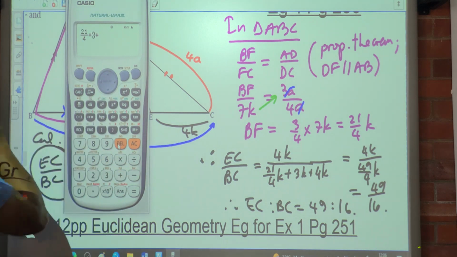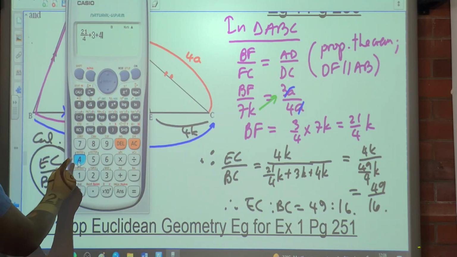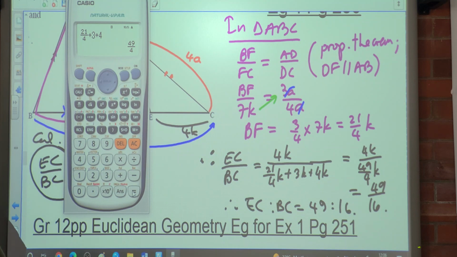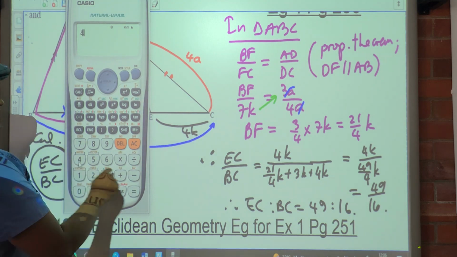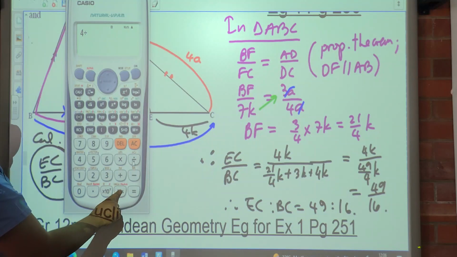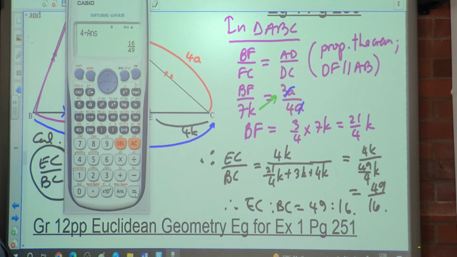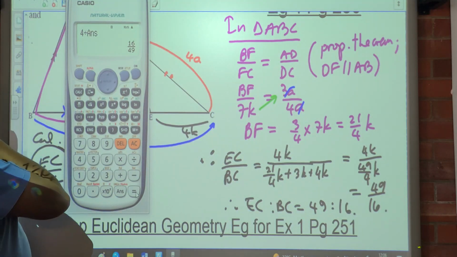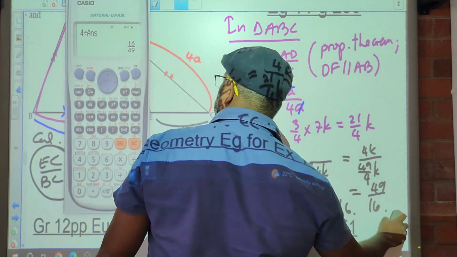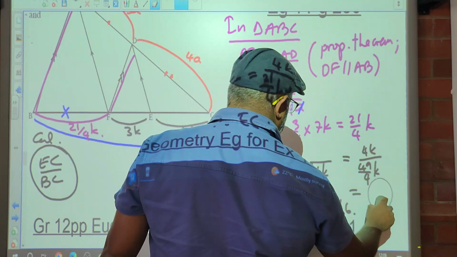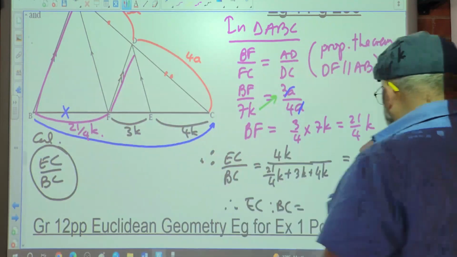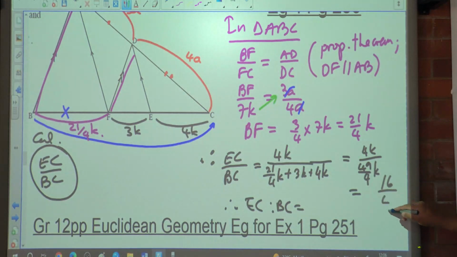Also, if you leave your answer in fraction form when you're working with ratios, they don't normally penalize you for it. If you forgot to convert it to ratio, they don't normally penalize you. Yes, I am wrong. It's supposed to be the other way around. 16 over 49.